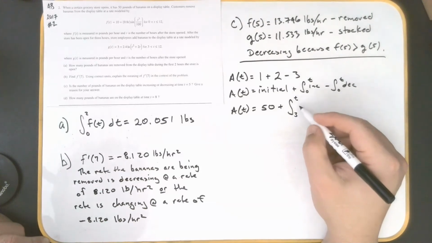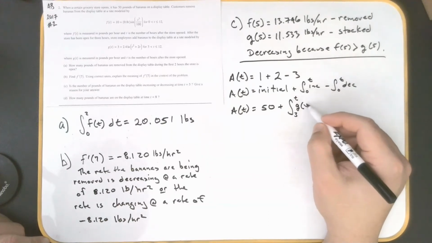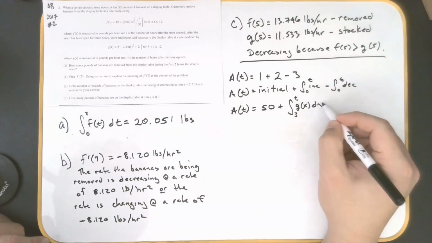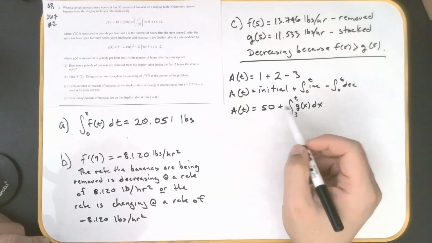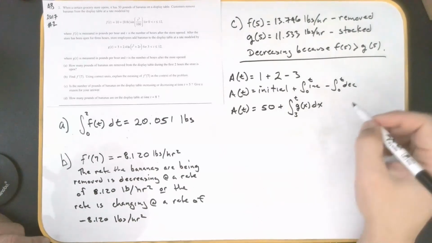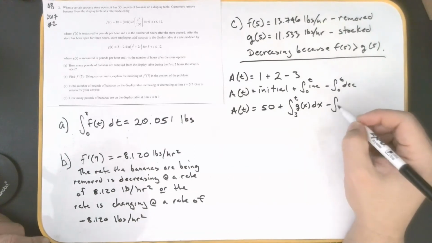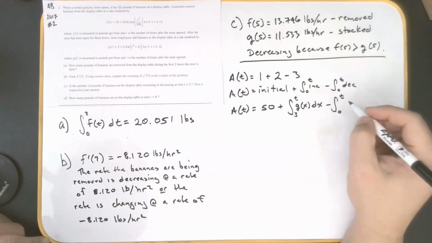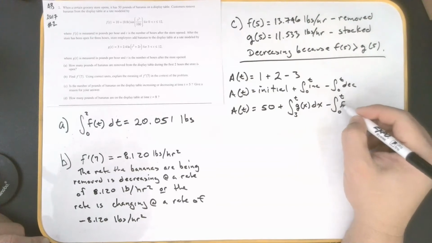And I've gone over this little part before. If I have an unknown in my interval, I need to have a different unknown in my integral. So I'm going to change that to an x. I can't have a t. So 50 plus the integral from 3 to t of g of x dx. And then I'm going to subtract the entire time there were customers taking off bananas, so I'm going to integrate from 0 to t, and that would be f of x dx.